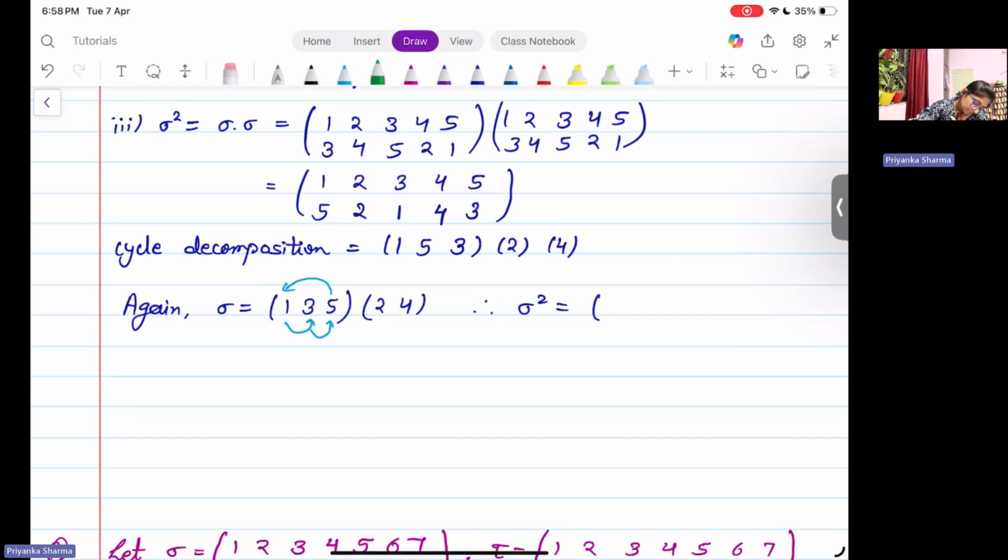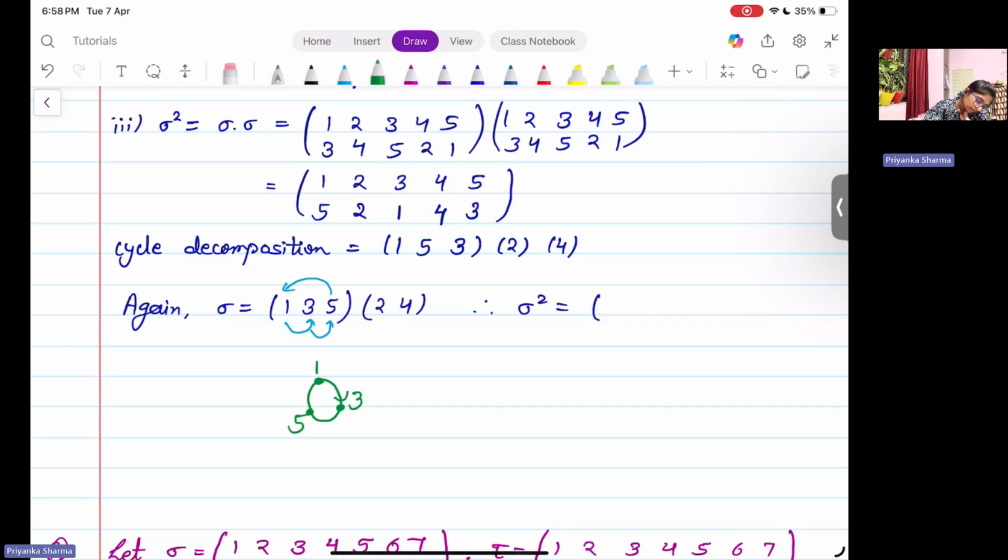So I'm writing this 1, 3 and 5. So this is the cycle in this form. Okay, so 1 and the next one is 3. Okay, but what if we skip it?